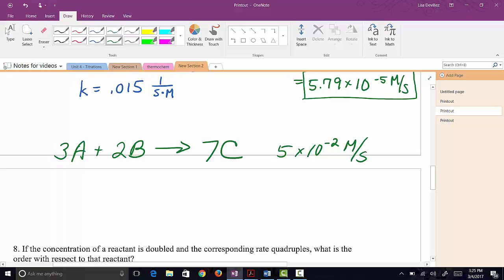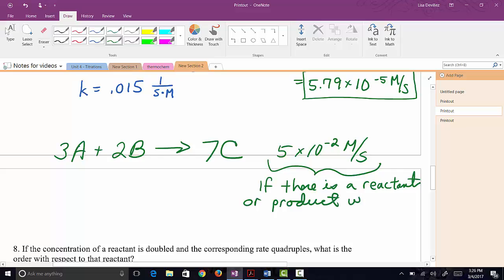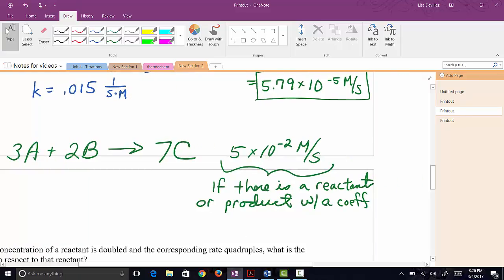Okay, that is the rate for what they refer to as a reaction mole. What that means is that if there is a reactant or product that has a coefficient of 1 in the balanced equation, then this is its rate.